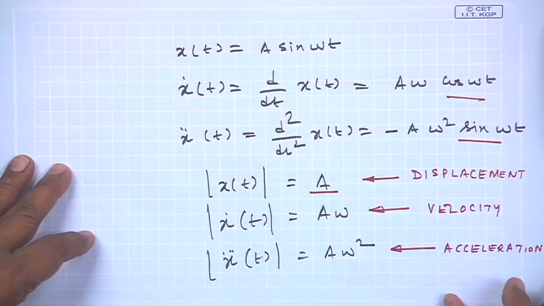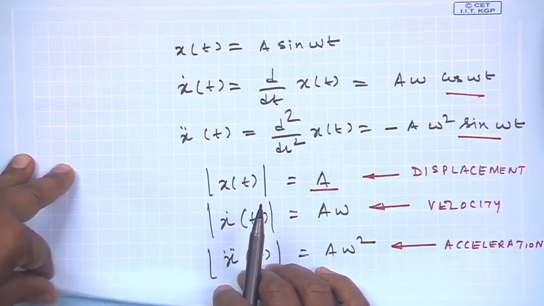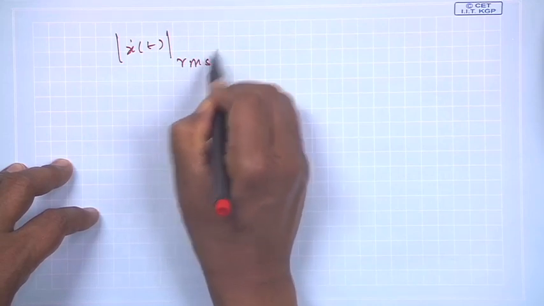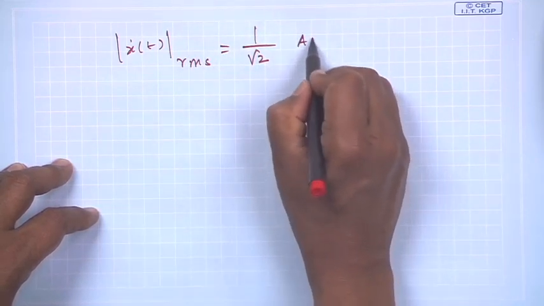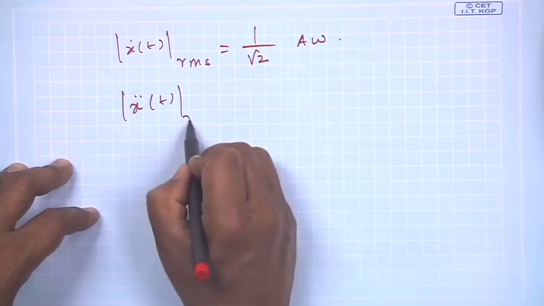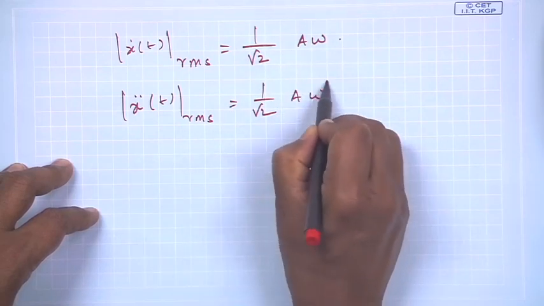Now, because these are all harmonic waves, the RMS amplitude of x dot t RMS would be 1 by root 2 times a omega, and x double dot t RMS would be 1 by root 2 a omega square.